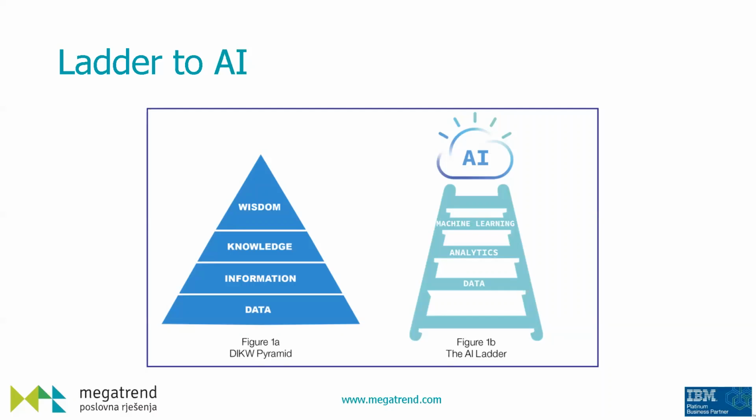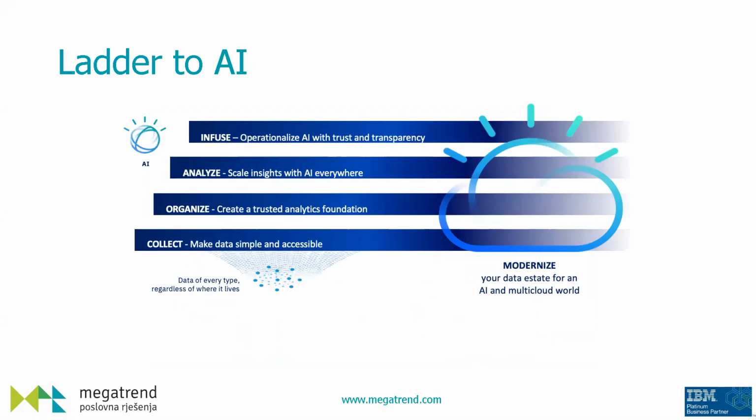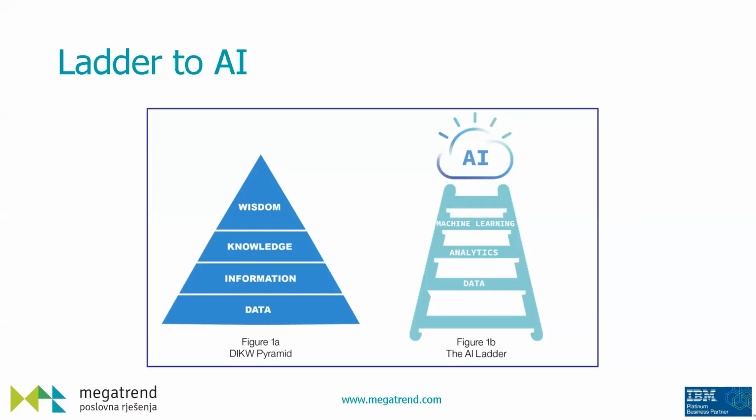DIKW pyramid, which we see on the left side of the image. We have the data, which has the least amount of perceived usefulness.